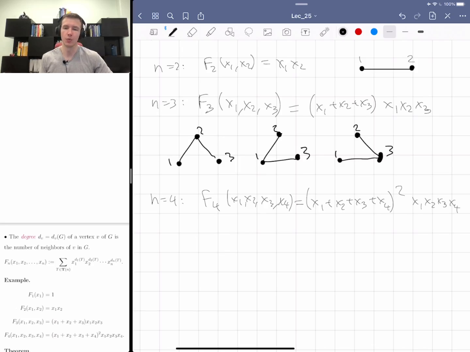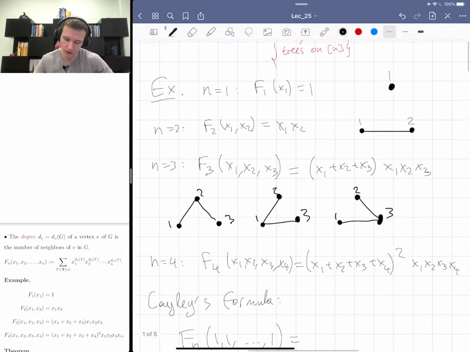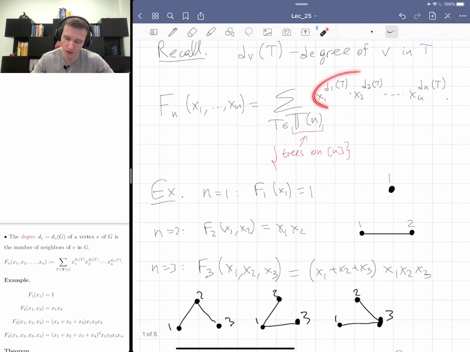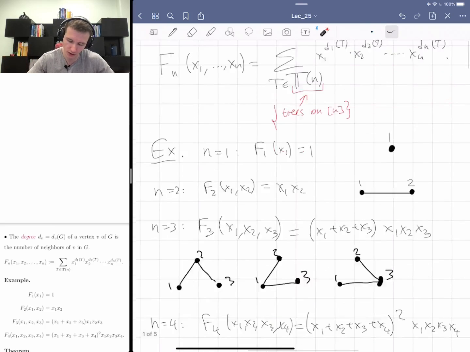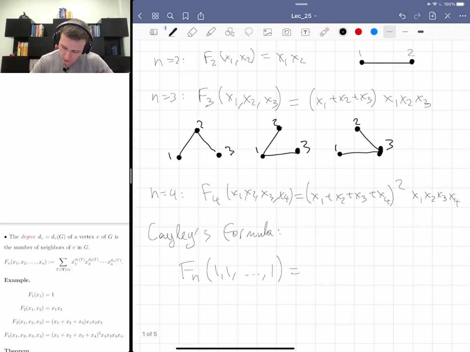And we also know, right, that Cayley's formula tells us that if you take fn and plug in all the x's equal to 1, you specialize, then you sum all trees with weight 1, so you just get the number of trees, and that's n to the n minus 2.